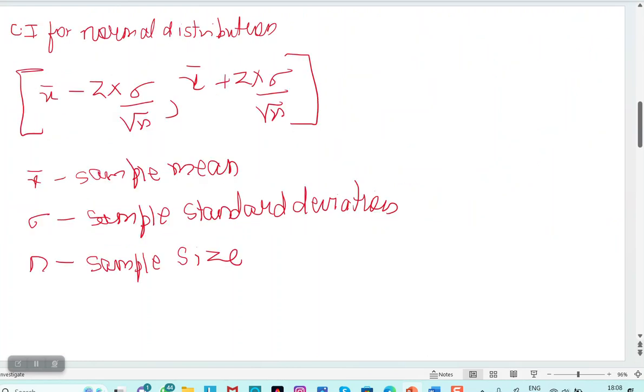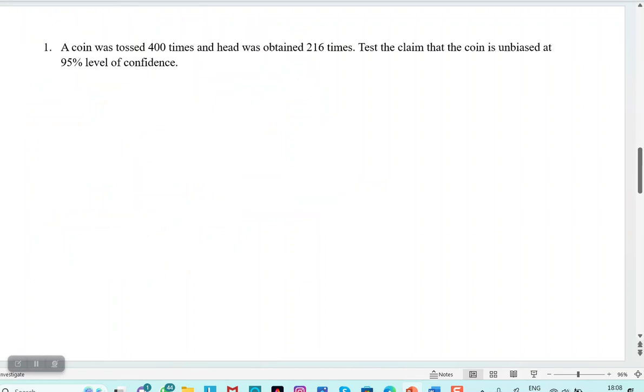So we need to identify which problem falls under which. Problems which have only two outcomes fall under binomial distribution. For example, when a coin is tossed, there are only two outcomes: either you get a head or a tail. So this problem needs to be solved using binomial distribution.